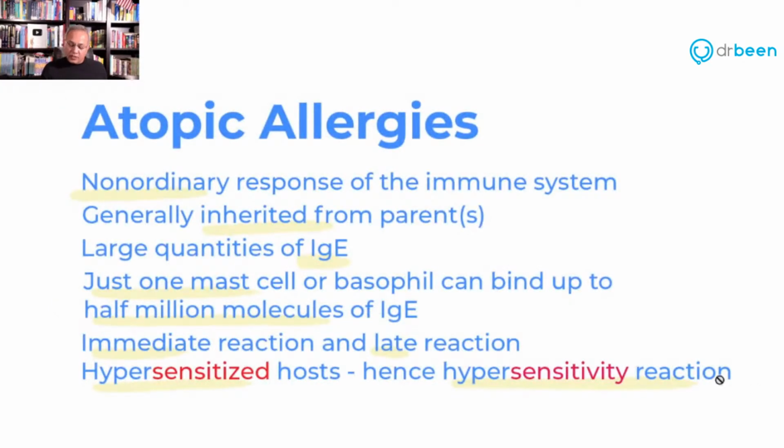Okay, continuing. Then is the question, what are atopic allergies? What are allergies? What is a hypersensitivity reaction? Why do we call them hypersensitivity? So first of all, sensitivity means when something enters our body, for example, SARS-CoV-2, or a bacteria or a fungus or some other foreign material, and our body responds to it with our immune system as an army to attack that thing, then we'll say that our immune system is sensitive to it.